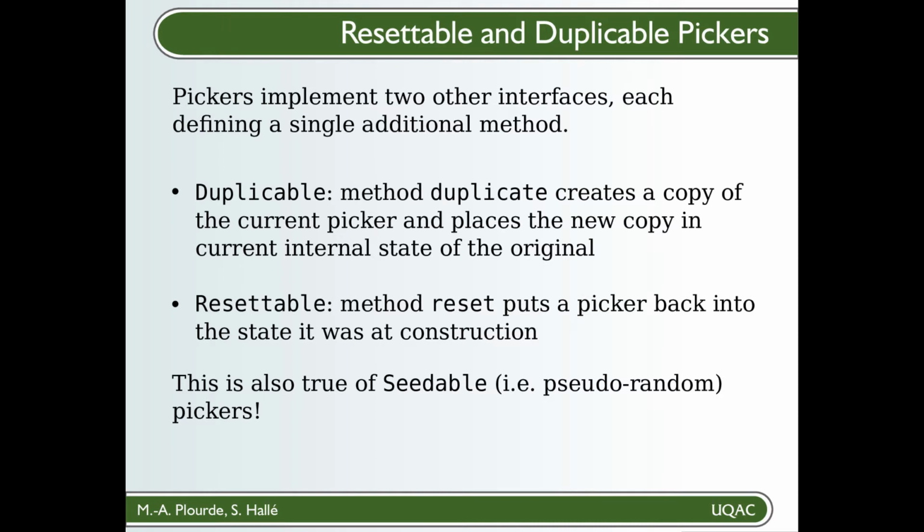This means that successive calls to pick from this point on reproduce the same sequence of values as when the object was constructed. Note that this also applies to pickers that are based on pseudo-random generators. That is, duplicating a seedable picker will make the copy output the same values as the original from the point it is currently at in its sequence.